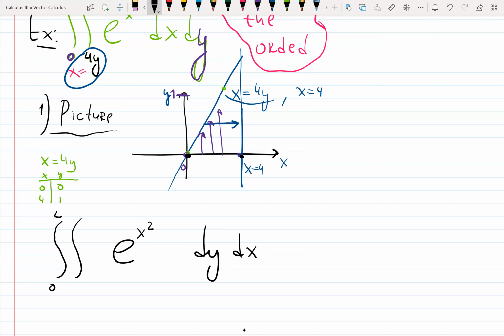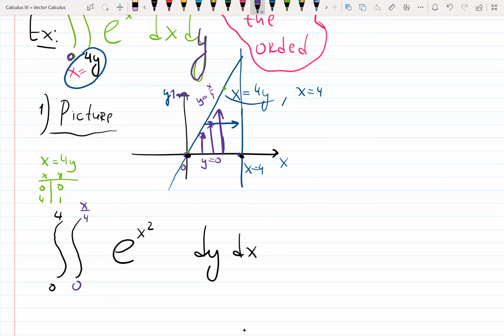So let's put it right away. Numbers always go outside. y now should be from a function to a function. y should go from the lowest one to the highest one, because that's how it was before, from the bottom to the top. What is the y function here? y equals 0. What is the y function here? x over 4. So it's going to be from 0 to x over 4. And kind of you're done.